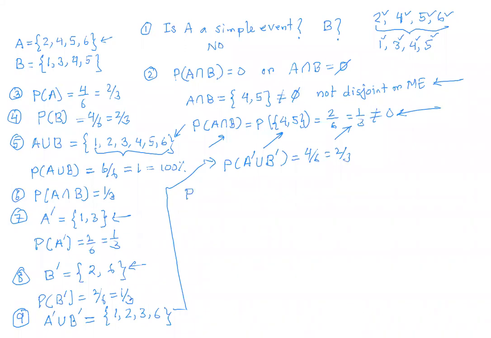What is the probability of A complement? So let's actually do this first. That was number 9. Then number 10, A complement intersection with B complement. What is that?